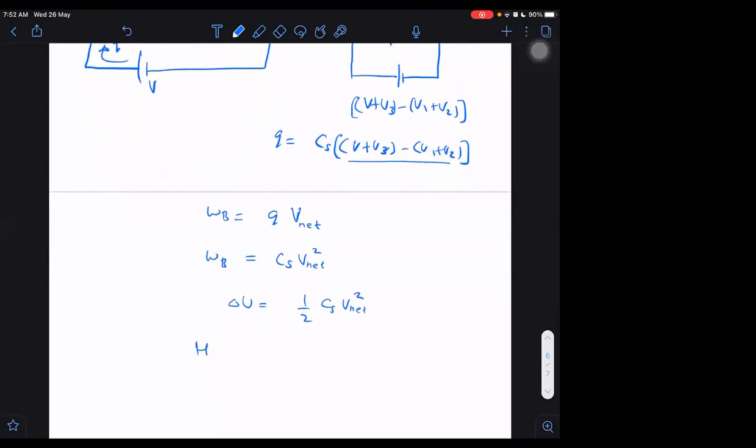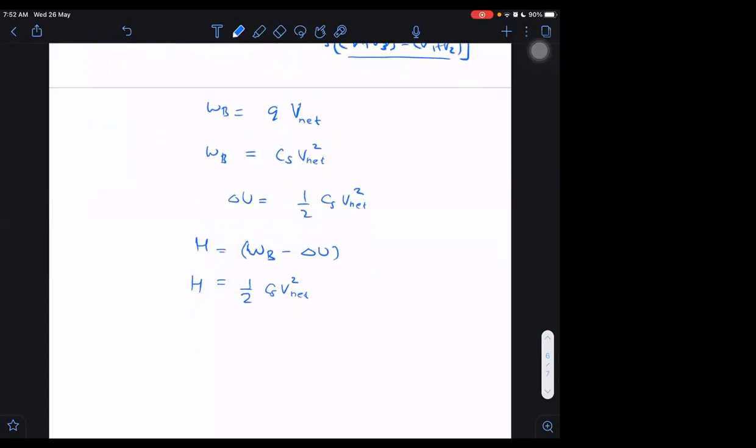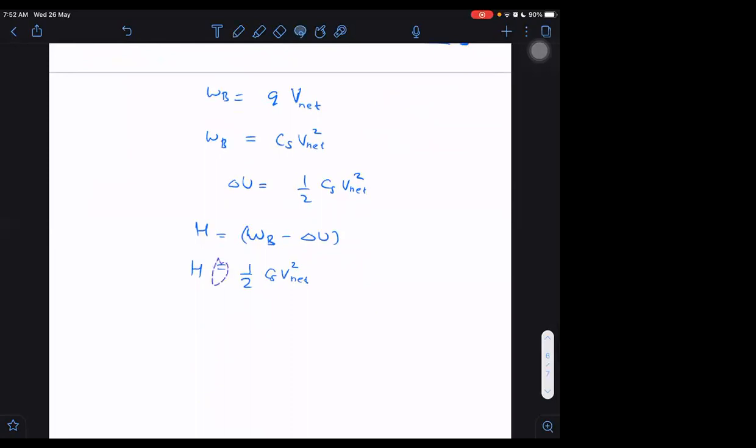And what is the heat energy dissipated? Heat energy dissipated will come out to be work done by the battery minus delta U, which will be equal to half C series into V net square. We can get the heat energy directly in this.